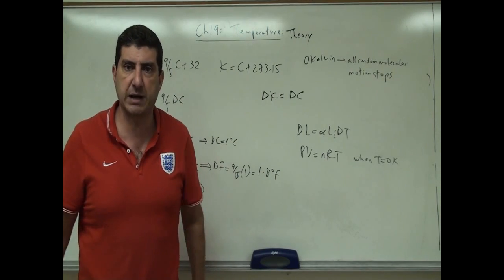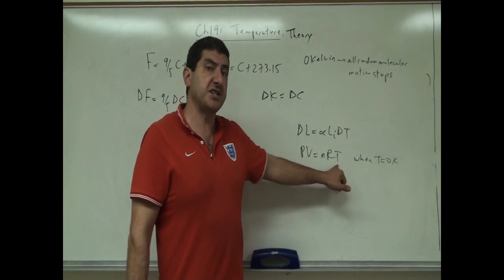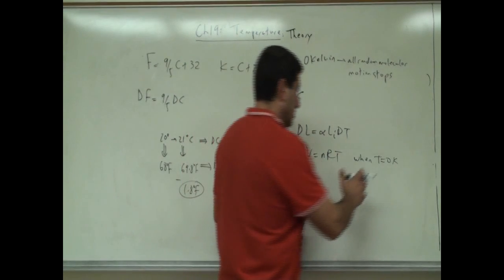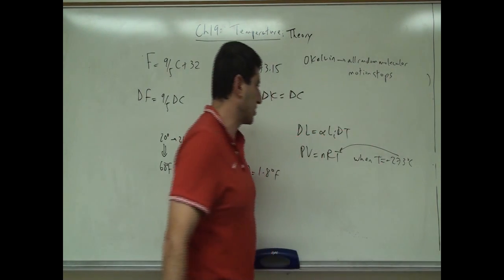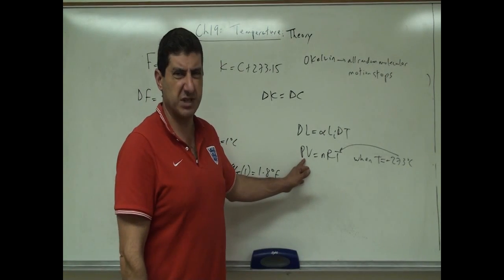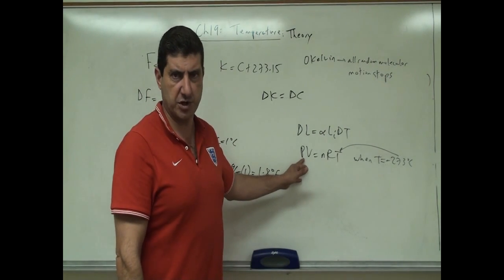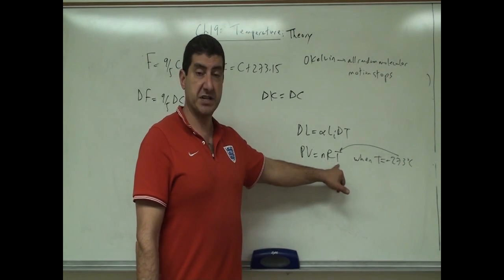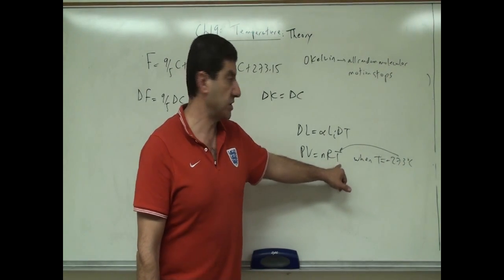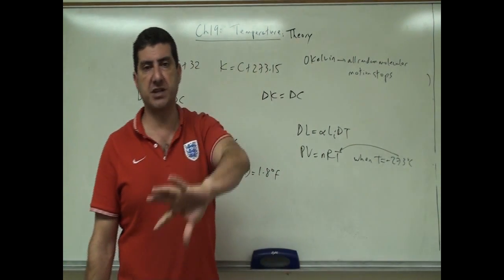The molecular motion stops, right? Could we use Celsius in this case? If I put here negative 273 Celsius into here, would that work? No, because that would mean the pressure is negative. So definitely it doesn't work. So any equation that relies on the temperature must use Kelvin. Change in temperature can use Celsius or Kelvin.